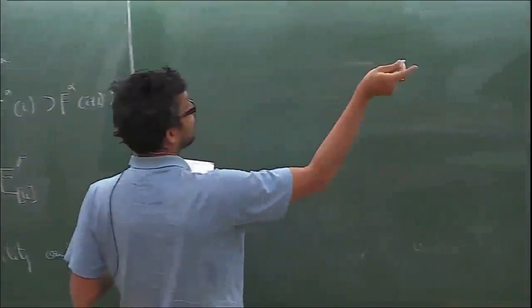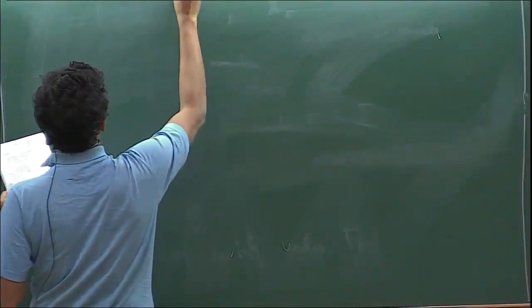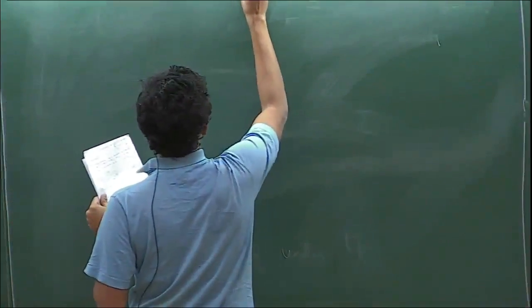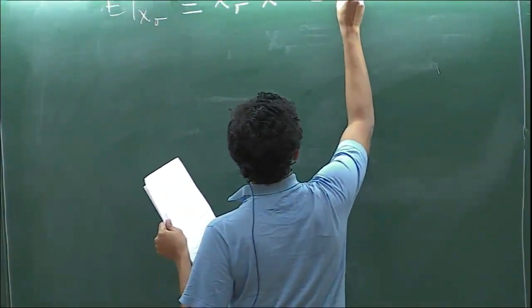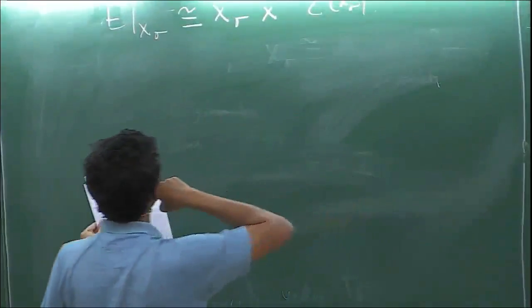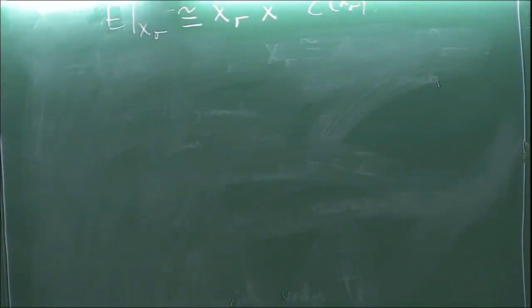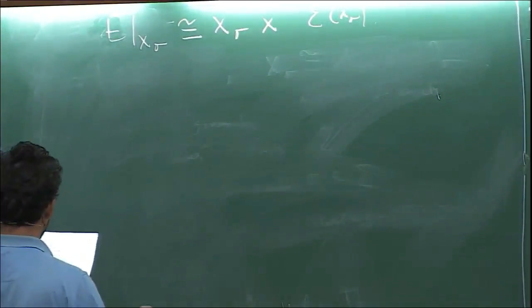By the affine case, if you start with E, this is the fiber over a point x_sigma in X_sigma.